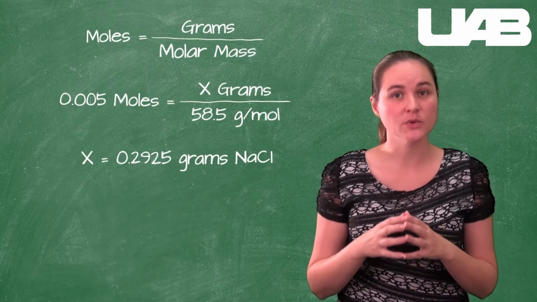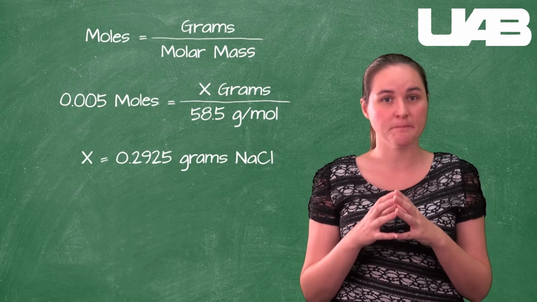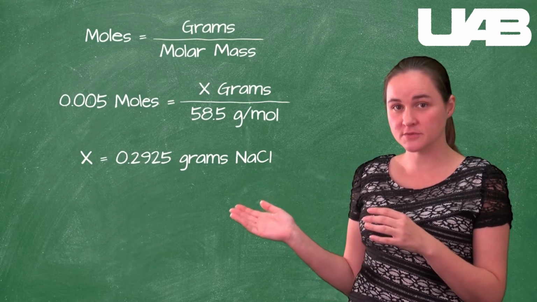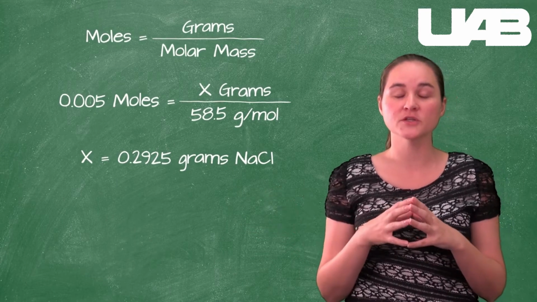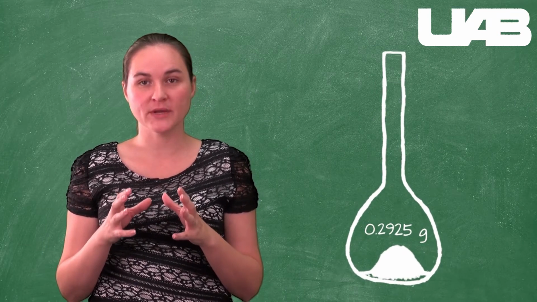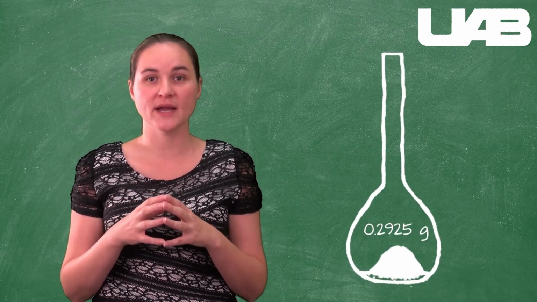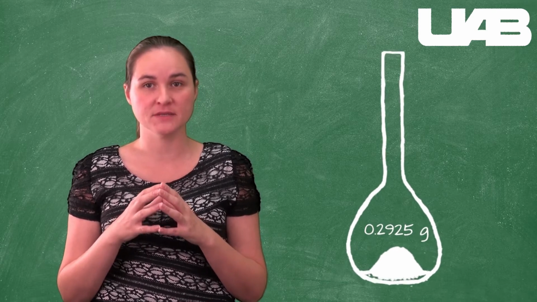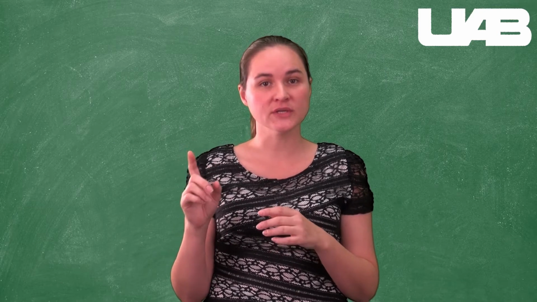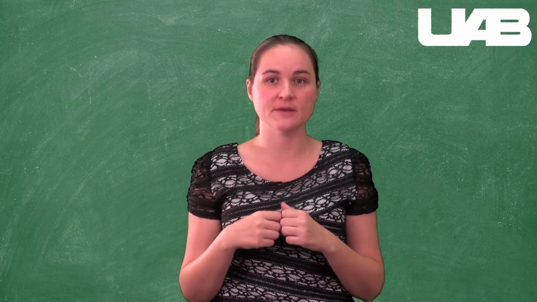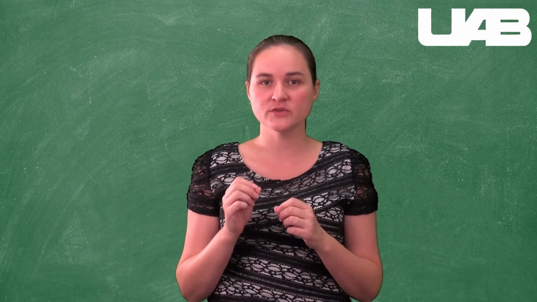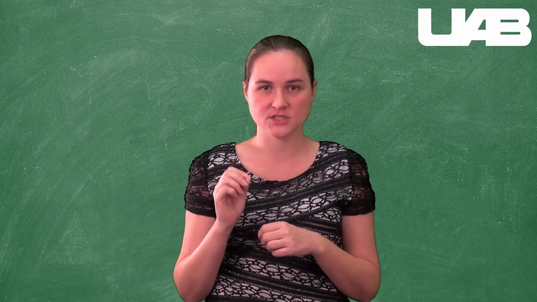To get to grams, we can multiply this molar mass by the moles, so 58.5 times 0.005 equals 0.2925 grams. We now know that we will need to put 0.2925 grams of sodium chloride into the flask to make 50 milliliters of 0.1 molar sodium chloride solution. In practice, you don't need to get exactly 0.2925 grams of sodium chloride. You should measure a mass very close to that and redo the calculation to report an accurate concentration.